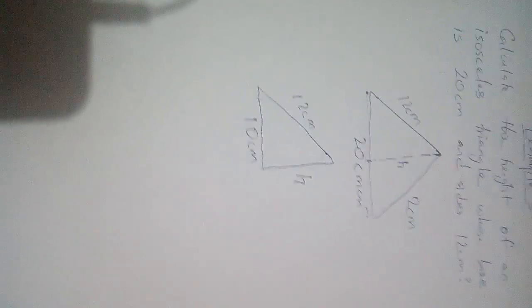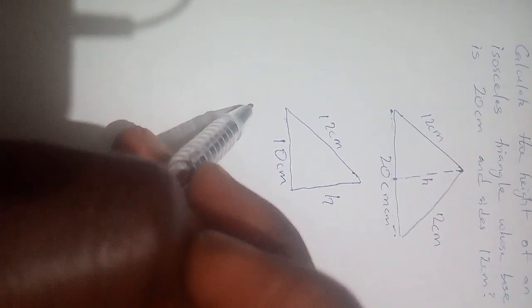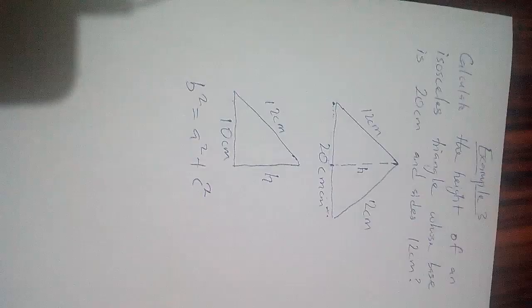Do you understand? So it looks easy now, right? You can see your Pythagoras rule from here. So this becomes our formula for Pythagoras theorem: b square equals a square plus c square, right?